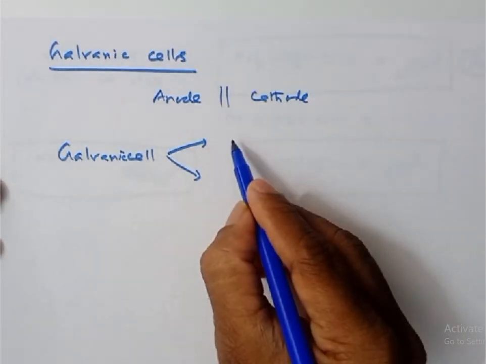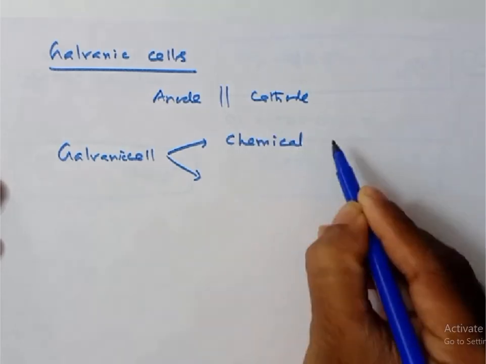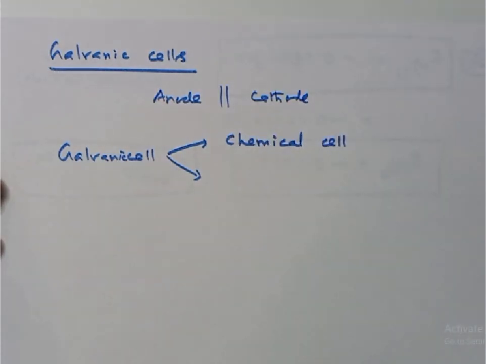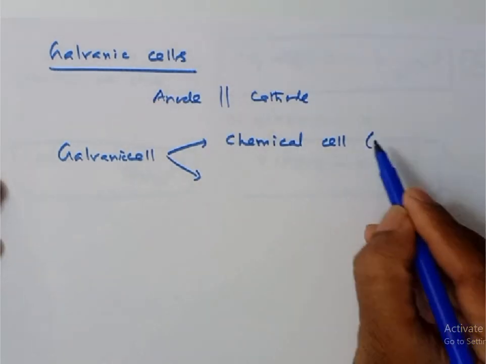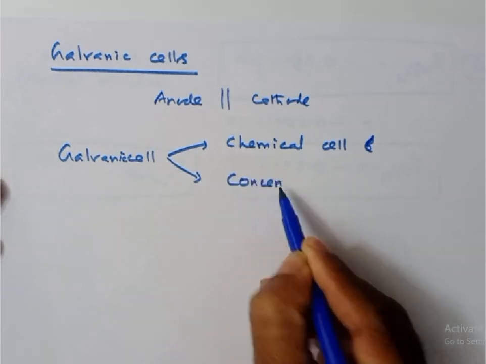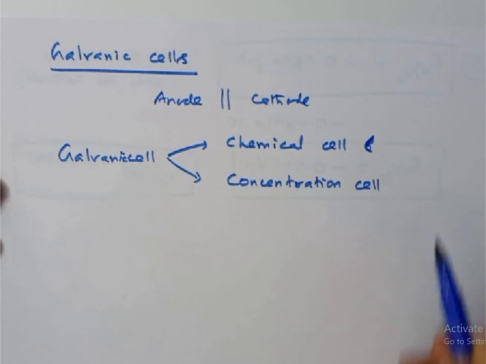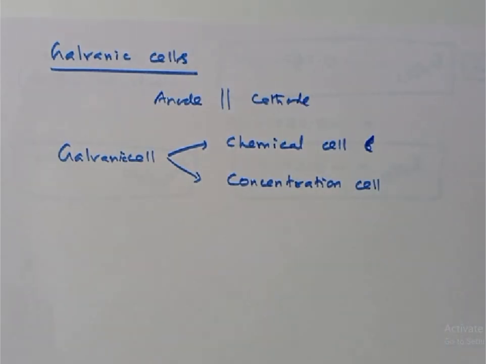One is the normal galvanic cell, that is the chemical cell. We say simply chemical cell. Chemical cell, what's the meaning? I'll tell you. Then we have concentration cells. We usually divide galvanic cells into two: chemical cell and concentration cell.